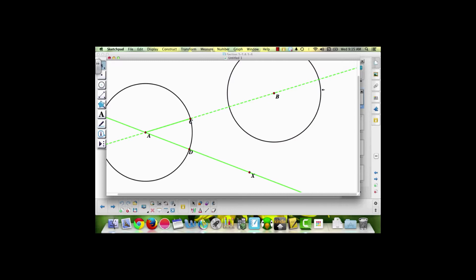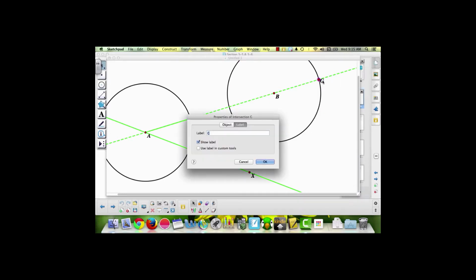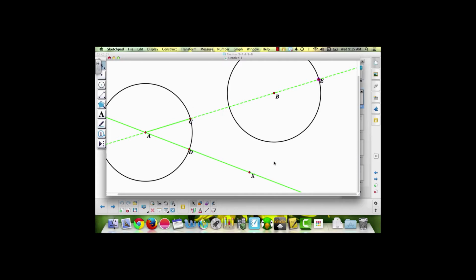This time I'm going to construct the intersection point here and rename that point E. Now I'm going to make segment CD and construct another circle with center E and radius length CD.